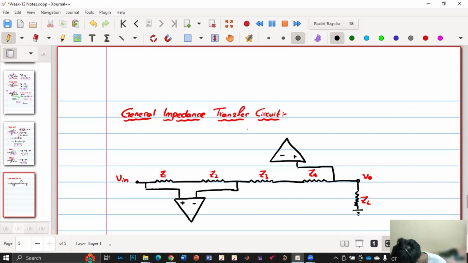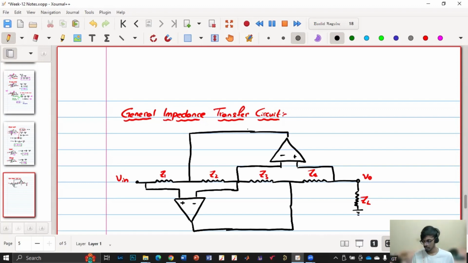So this terminal goes here and this terminal goes here. And this point is connected over here and this point is connected over here. The circuit will be a little bit complicated, but trust me, it is not at all complicated. So we'll solve. All are ideal op amps, so assume ideal op amps.